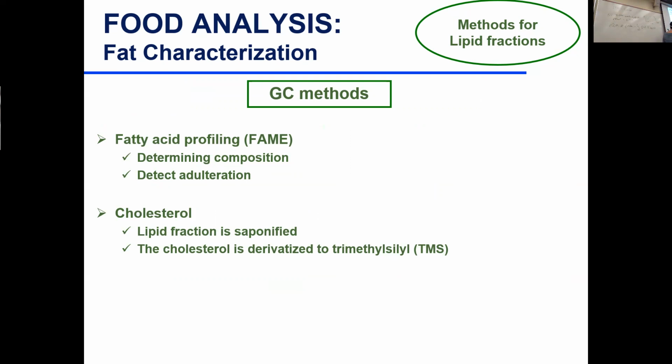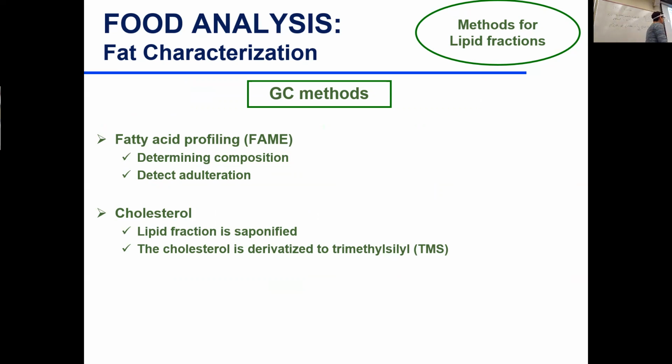Now, for the cholesterol, the lipid fraction is saponified. So cholesterol is non-saponifiable matter. It cannot be saponified. So when fatty acids are saponified, they are separated in the aqueous phase and cholesterol remains.